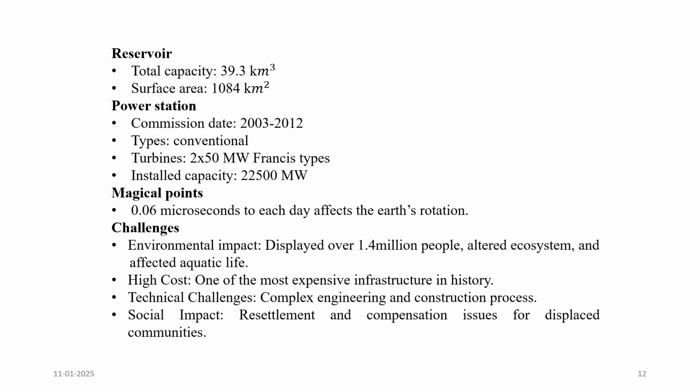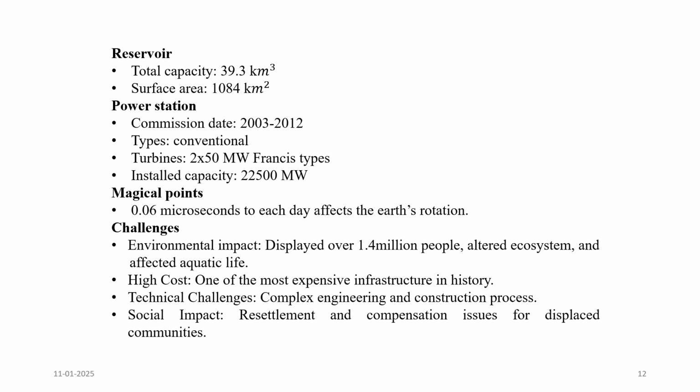And now second point is high cost: one of the most expensive infrastructures in history. Technical challenges: complex engineering and construction process. Now next point is social impact: resettlement and compensation issues for displaced communities.